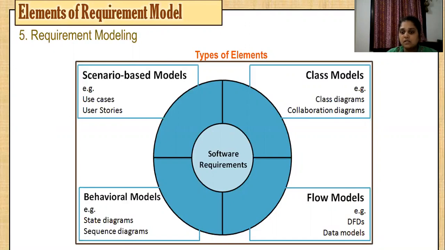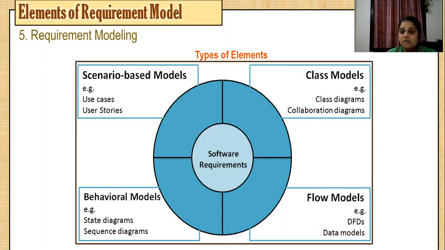Flow models are nothing but a representation of a data flow diagram. Now what is a data flow diagram? Data flow diagram is not a part of the UML diagrams that you have studied. It is not a part of your unified modeling language, like your class, use case, use stories, state, sequence, activity, swim lane.